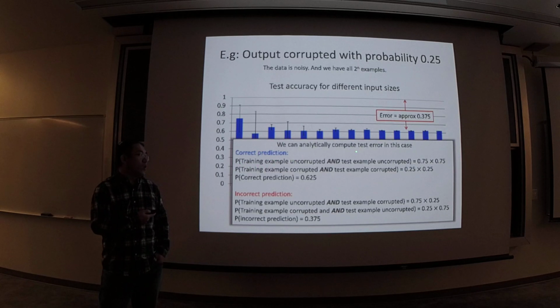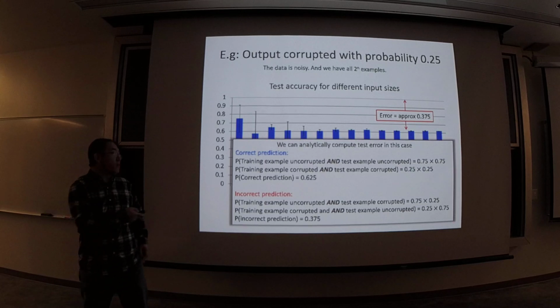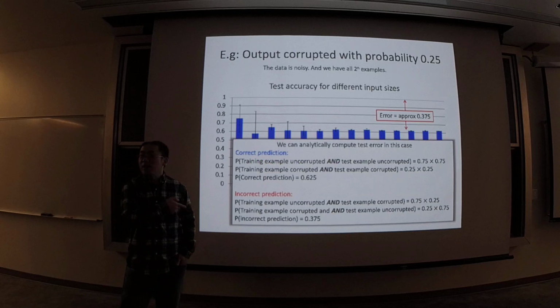At the same time, when it is served as a test example, the label is also not corrupted. Then your prediction must be correct, because it perfectly fits the training example, and the training label is the same as the test label, right? So you're going to give a correct prediction. This is the first case.